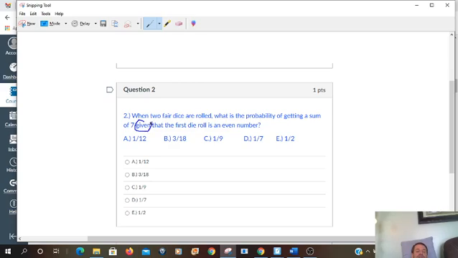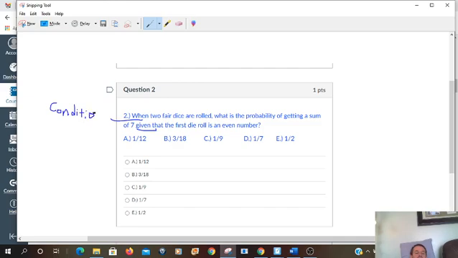Given indicates that we are doing a conditional problem. So given means this is a conditional type of problem, and with conditional, you have to use a formula.